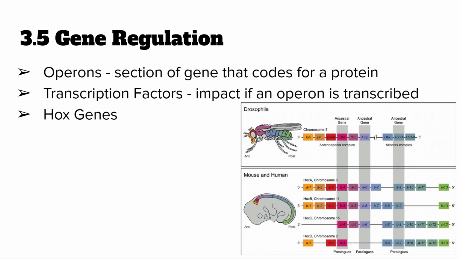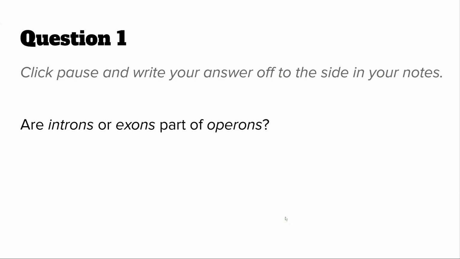They are color coded in this diagram, so you can see how different parts of the Hox genes or different Hox genes on the same chromosome can impact these. The human one, it's on chromosome 6, 11, 15, and chromosome 2 that will together code for which parts of an embryo will become which parts of a fetus, which become different parts of babies, right?